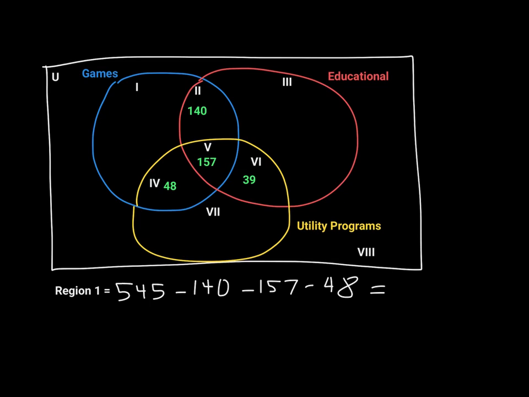This difference here should be 200. Let me check my math really quickly. Yes, I believe 200. So I'm going to go ahead and put that number here in region 1. So now we know 200 customers not only purchased games, but they purchased games only. They didn't purchase any of the other two.